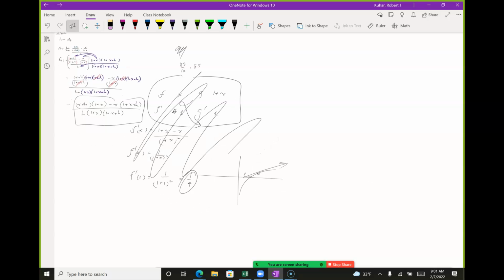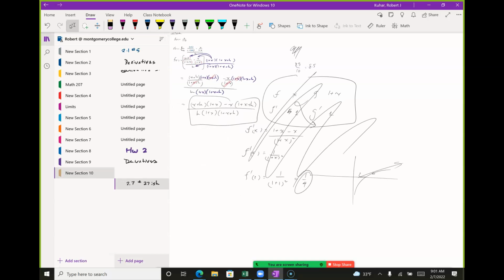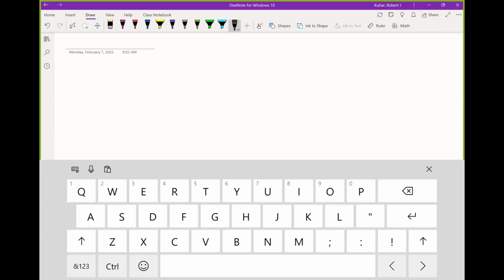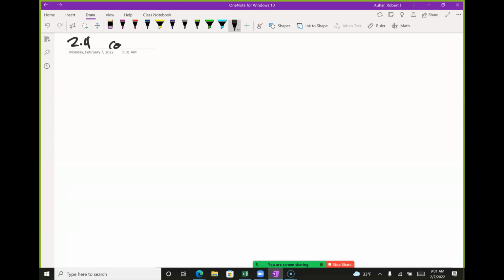Okay, cool. Let's talk about continuity. I don't have much time here, but I would like you to start reading section 2.4, which is all about continuity. To be continuous, right?